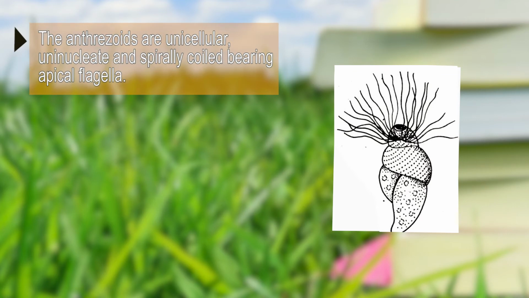Coming to antheridia, the antheridia are usually short or sessile and are globose in structure. Inside it are present the antherozoids, which are unicellular, uninucleate and spirally coiled, and they bear flagella. In pteridophytes, the male gamete is motile and it swims towards the female, that is, towards the egg.